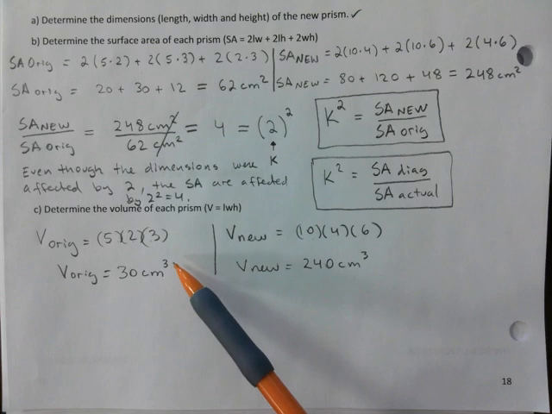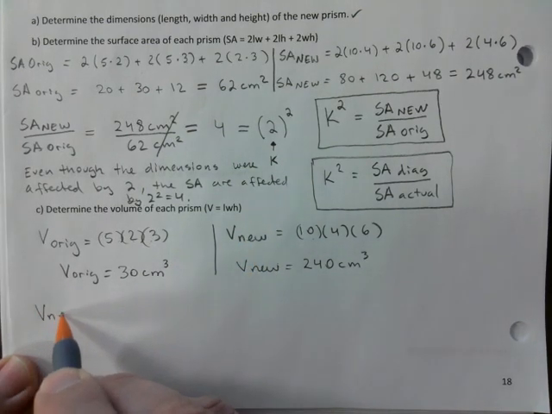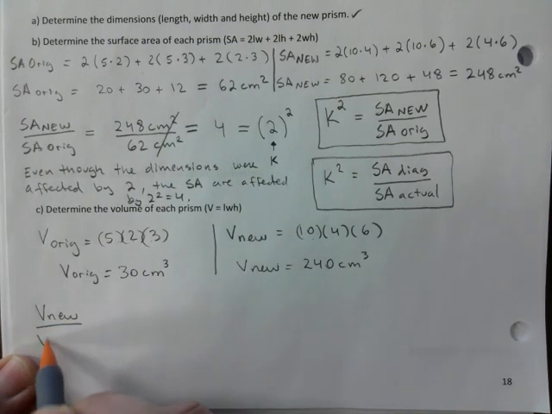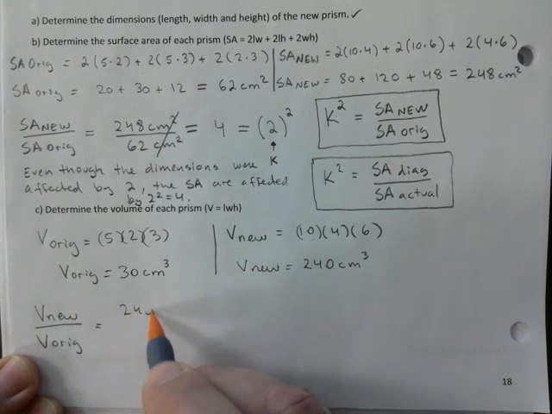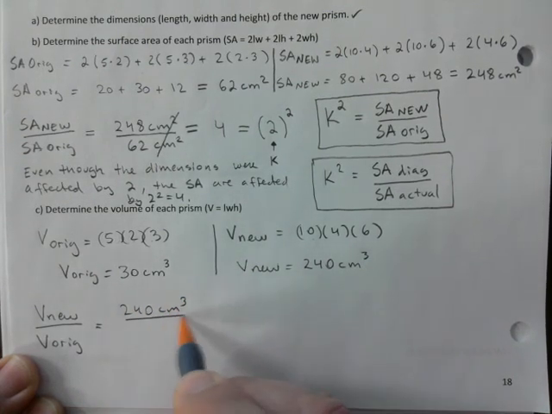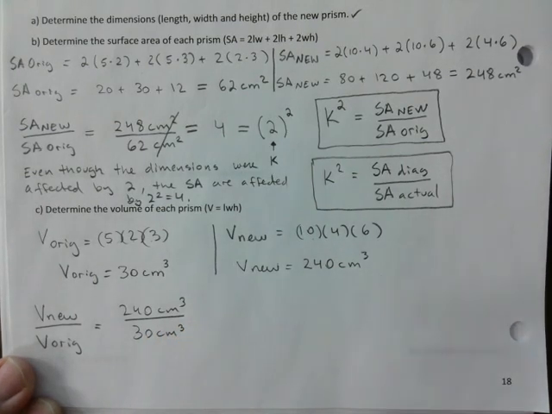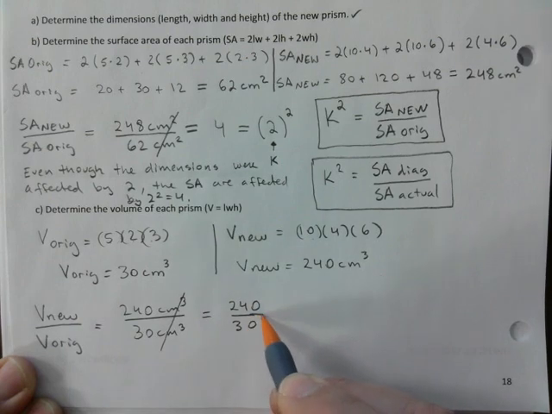Volume has cube units. I think you can probably imagine where this is going to go. If we were to say, hey, the volume of the new, if we divided it by the volume of the original, we would have 240 cubic centimeters divided by 30 cubic centimeters. Those cancel out just nicely. You end up with 240 divided by 30.